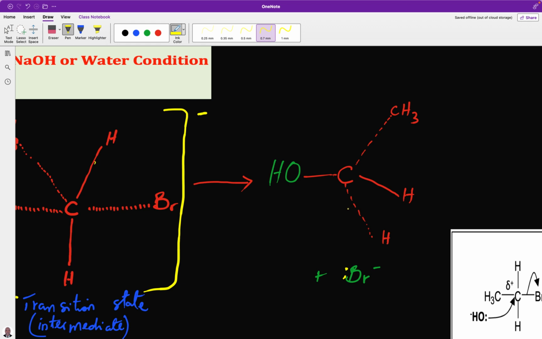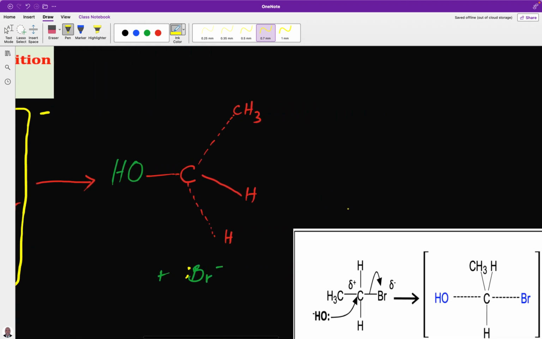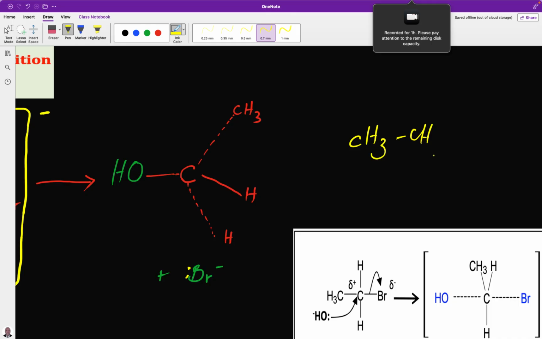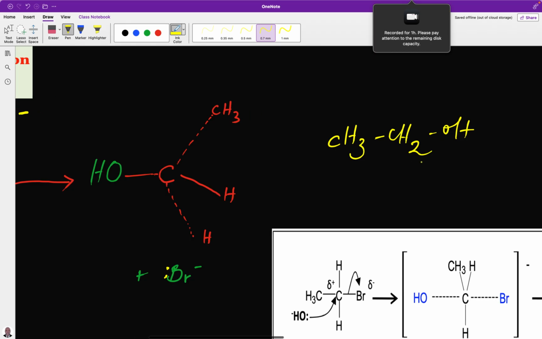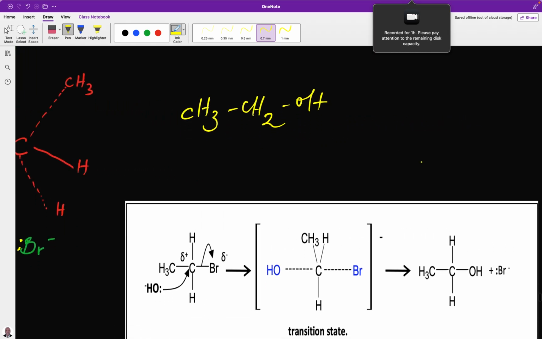An alcohol by name ethanol is produced. This compound is CH3, CH2, OH. So this compound results, and I said the compound can be represented in this way.